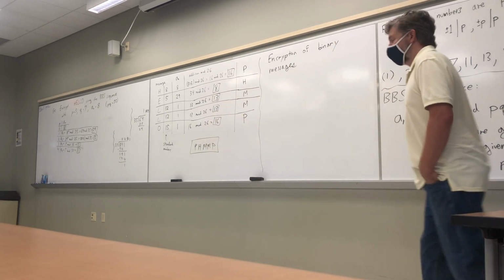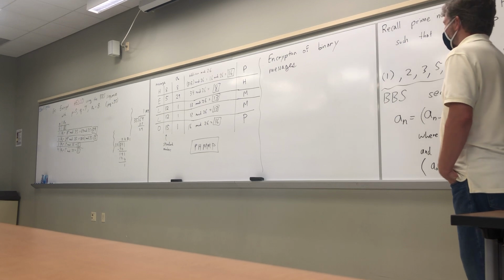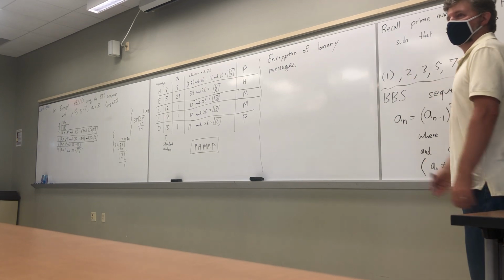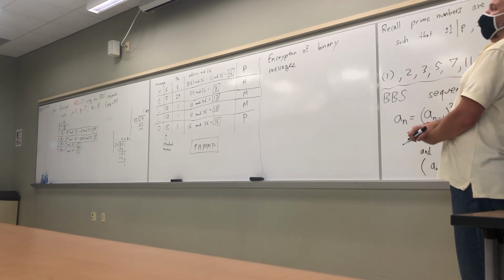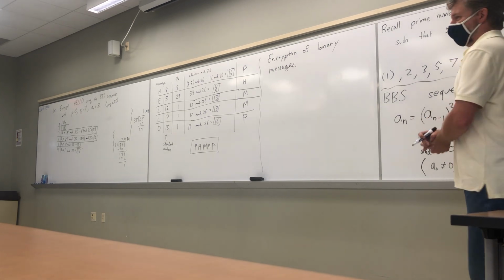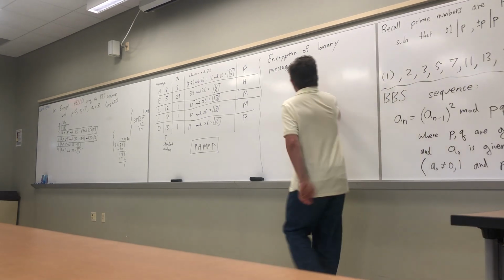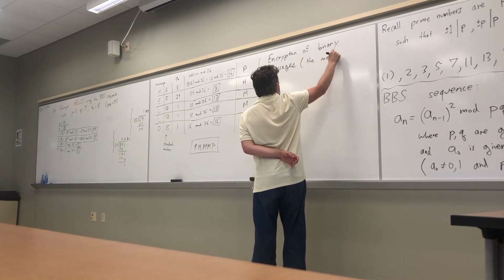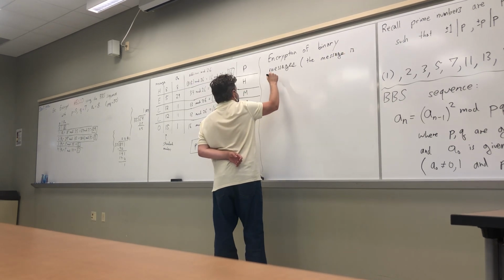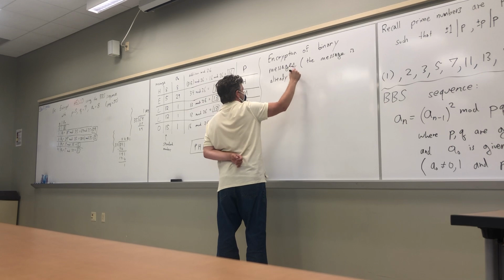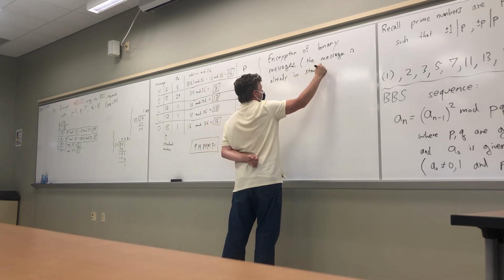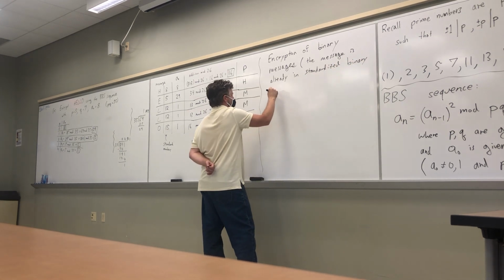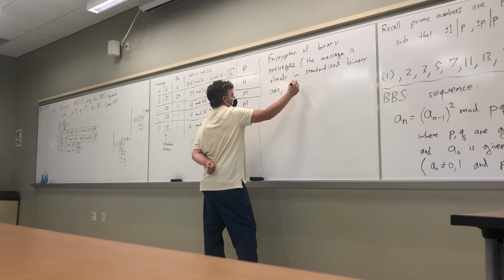So first of all, a binary message is sort of already encoded, but it's a well-known standard code, like using the ASCII codes for letters, but then translating them into binary. So using the machine language for letters or something. So the message itself is already in standardized binary code, like ASCII.